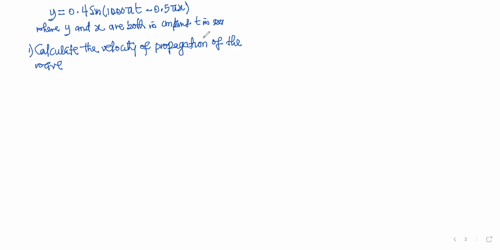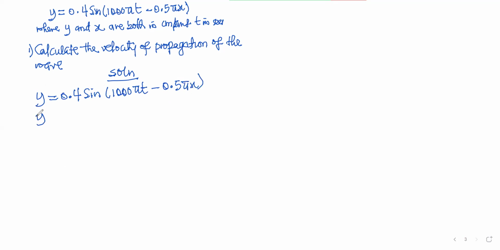Okay, so let's solve it so that you can rest your brains today a little bit. So y is equal to 0.4 sine of 1000 pi t minus 0.5 pi x.